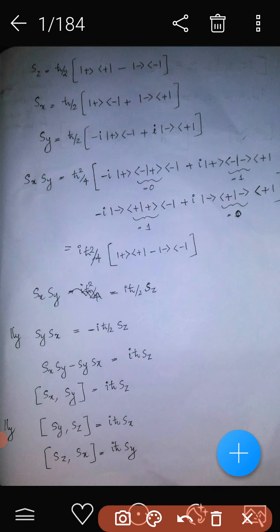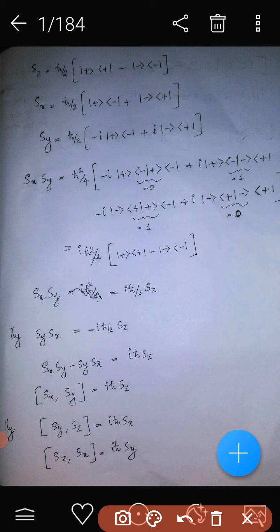Then we already derived these operators: Sz equals h cross by 2 times (ket plus bra plus minus ket minus bra minus), and Sx equals h cross by 2 times this relation, and Sy equals h cross by 2 times this relation. We already derived this in the previous class.